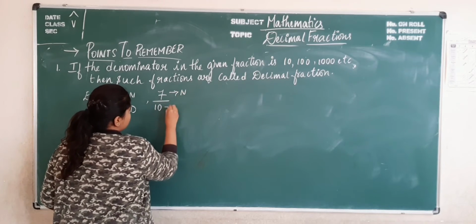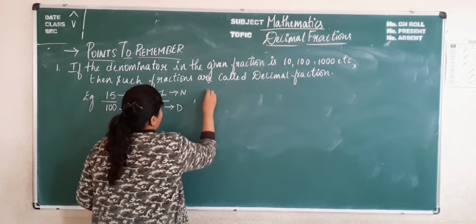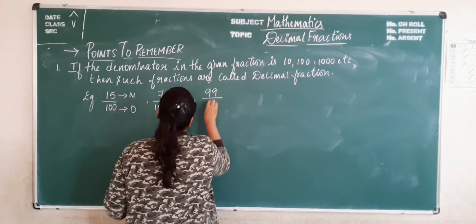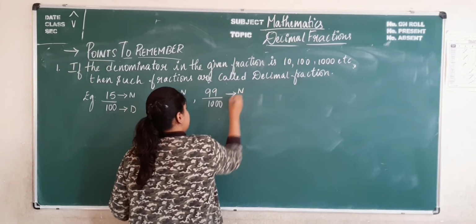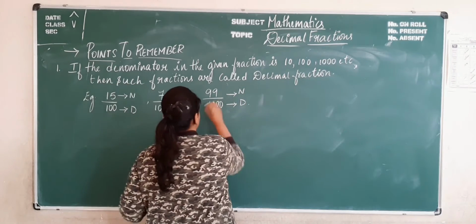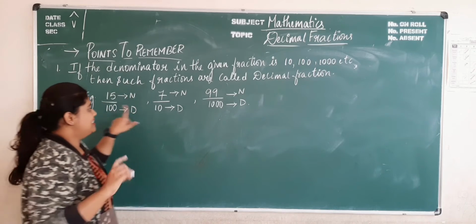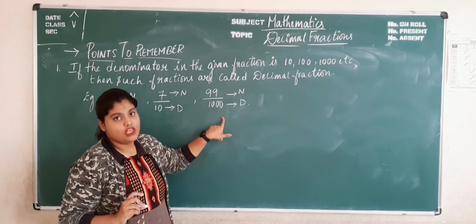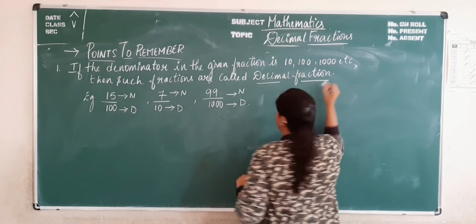Here 7 is numerator and 10 is denominator. If I write 99 by 1000, 99 is numerator, 1000 is denominator. So here the denominators are 100, 10, 1000. Such fractions are called decimal fractions.